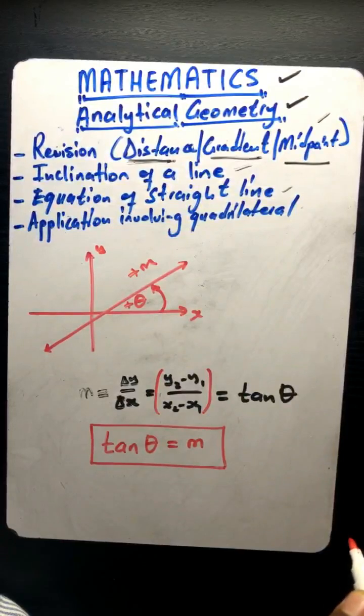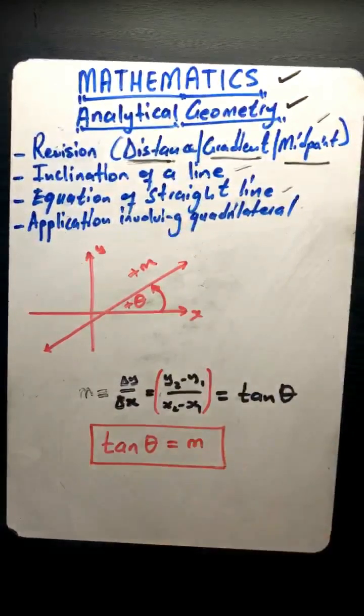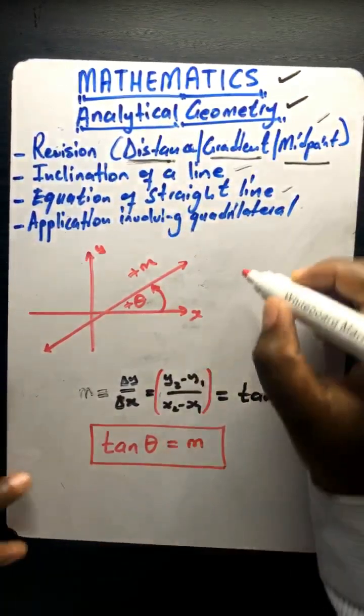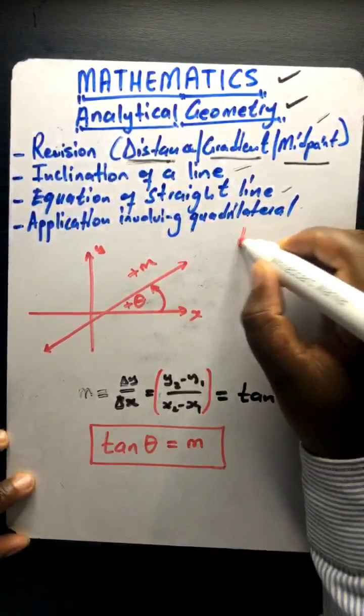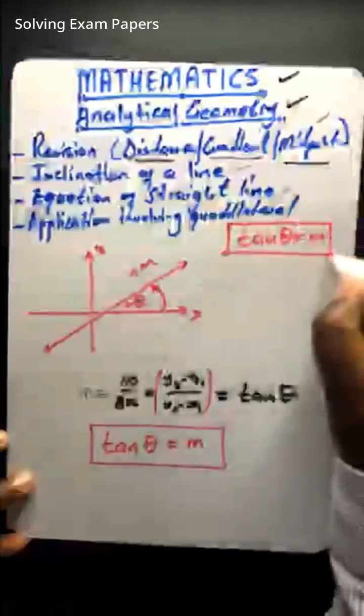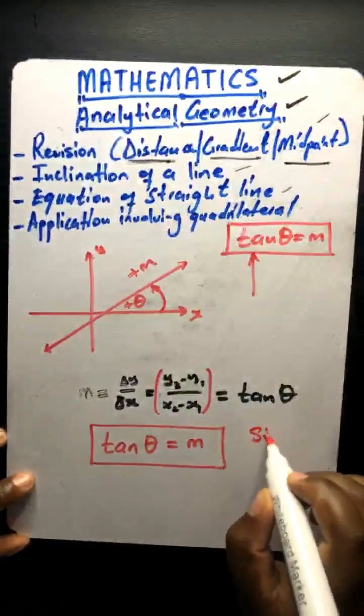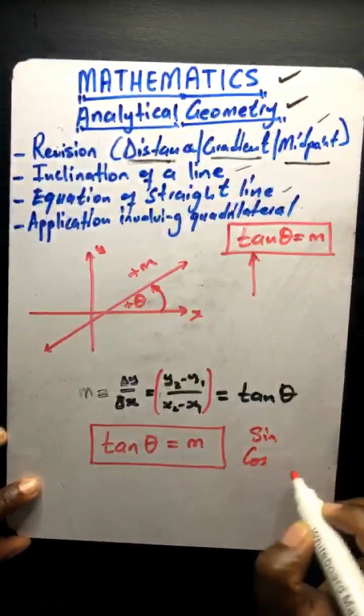You will notice how tricky the examiner can be in situations where they want you to use this formula. Just always remember that tan angle is equal to the gradient. And remember the ratio for tan. They did not use sine angle, they did not use cos angle. Why?